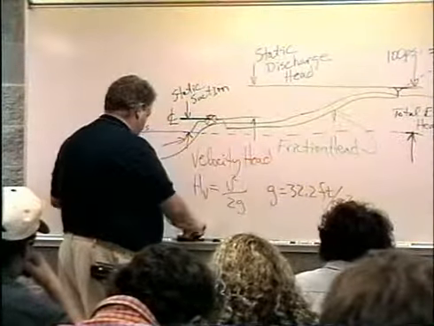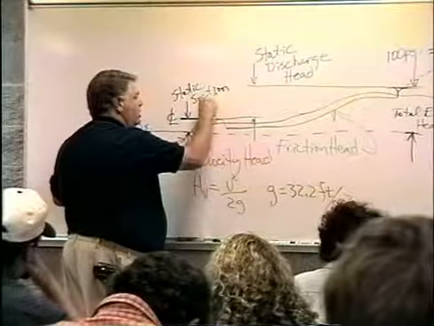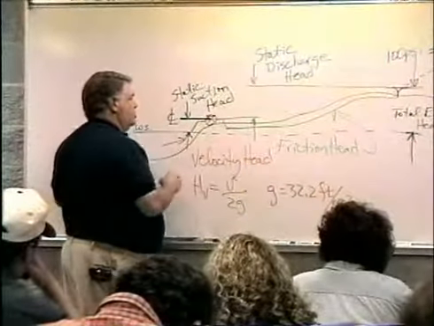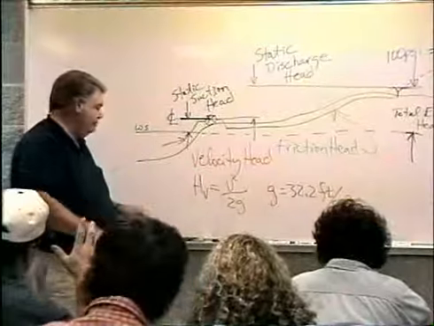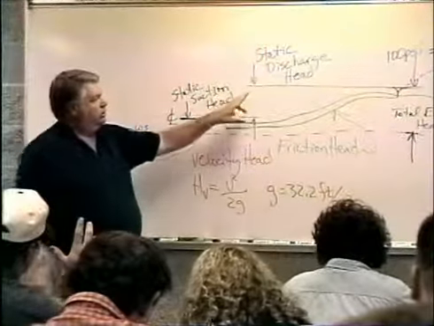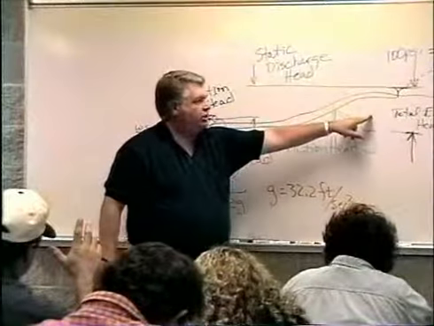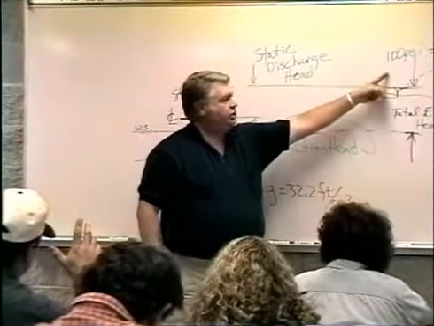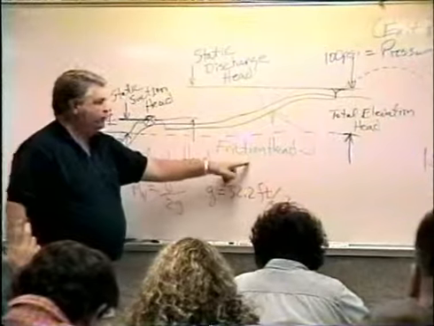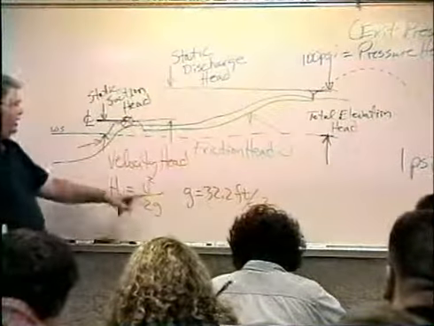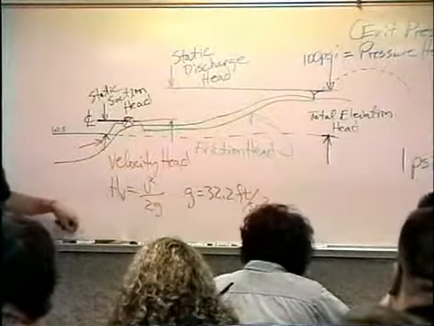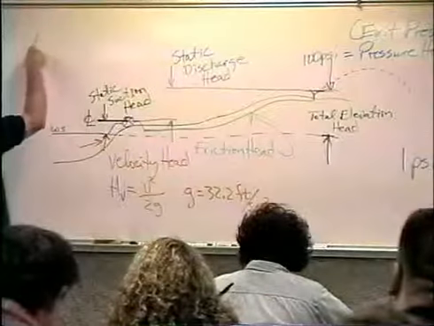The textbook, and correctly probably so, should say static suction head plus the discharge head equals the total elevation head. The exit pressure is added to that, the friction head is added to that, and the velocity head is added to that, and we get that big thing called TDH.